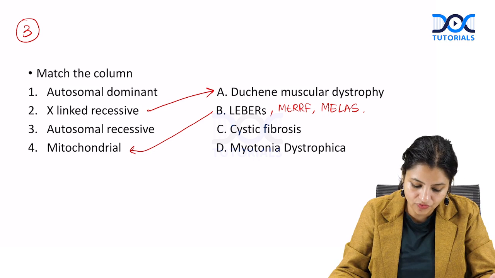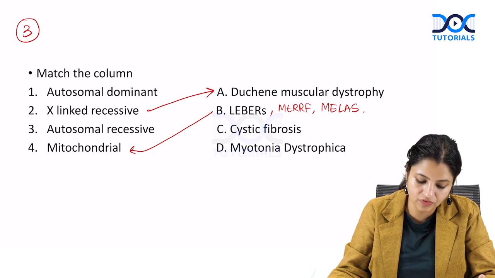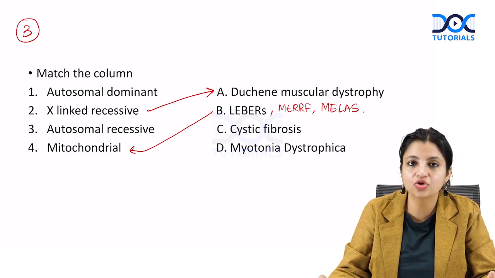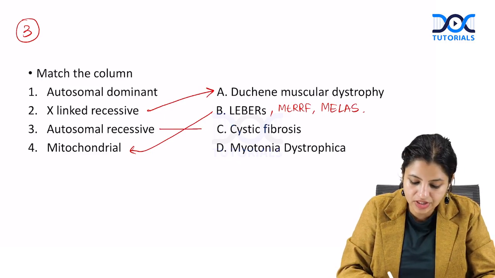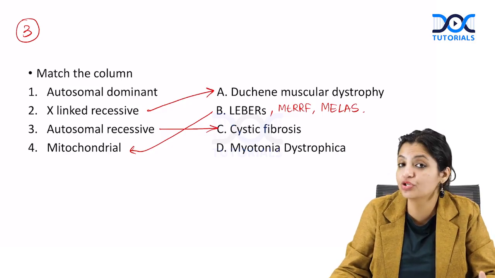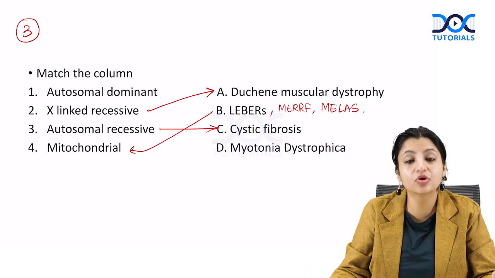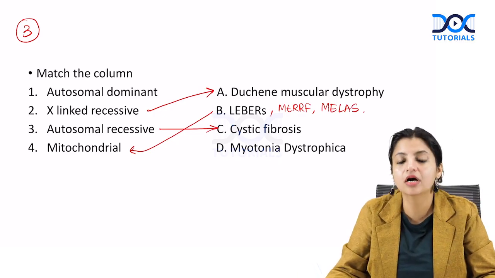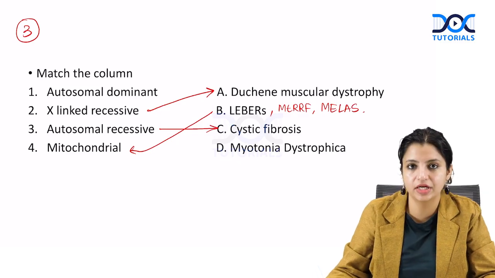Okay, now we are left with the others. So now when we know all the inherited disorders of metabolism, whatever they are, usually are autosomal recessive. So cystic fibrosis is an inherited disorder, so it has to be autosomal recessive. However, exceptions to the rule are hereditary hypercholesterolemia and acute intermittent porphyria, which are basically autosomal dominant inherited disorders.